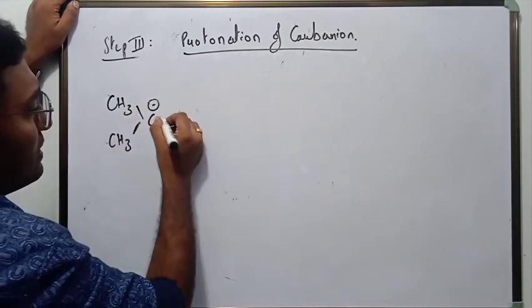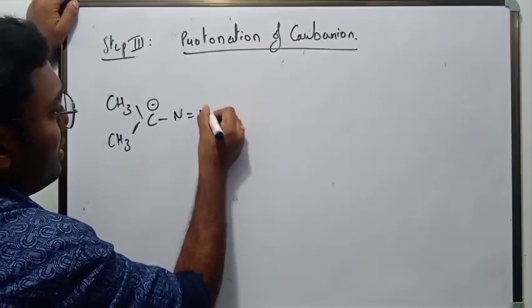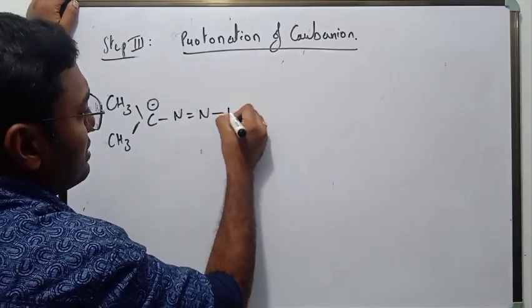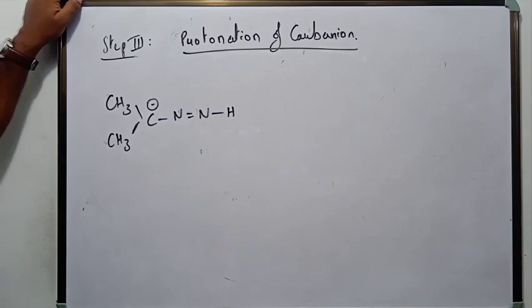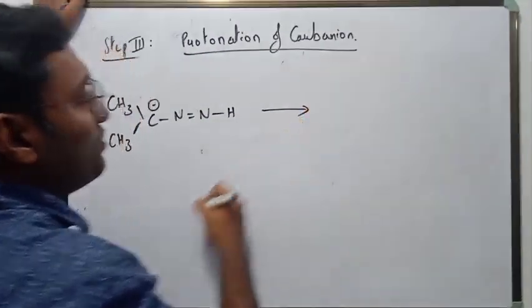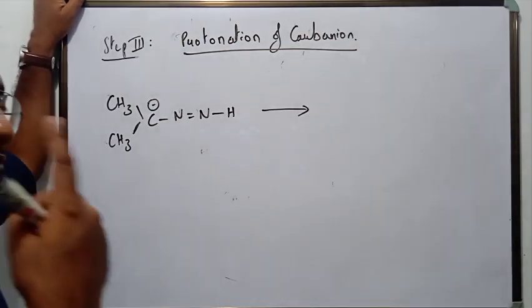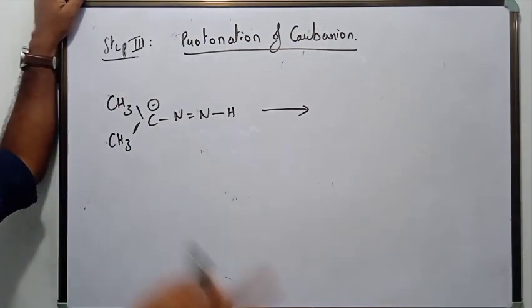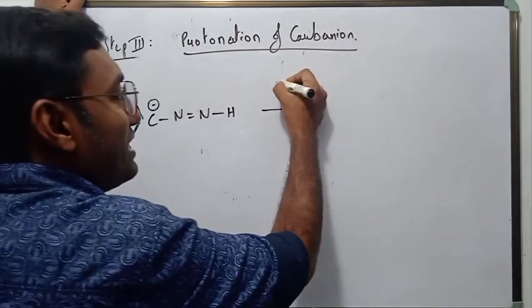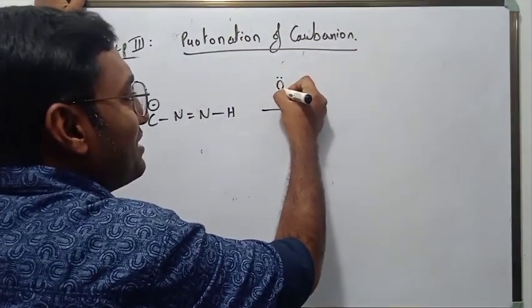Minus N, double bond N and H. Am I right? Now what would happen? As I told you, in step number 2, OH minus knocked out a proton from hydrazone and it became H2O. So you have to write this H2O here.